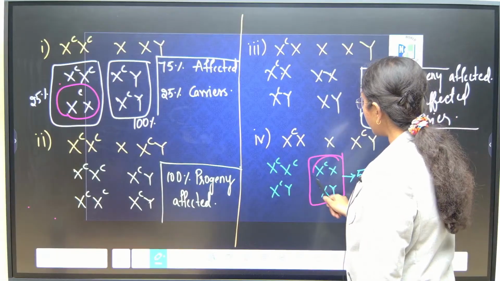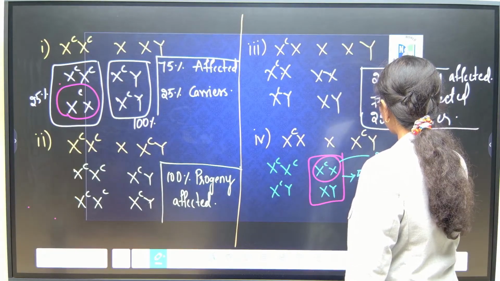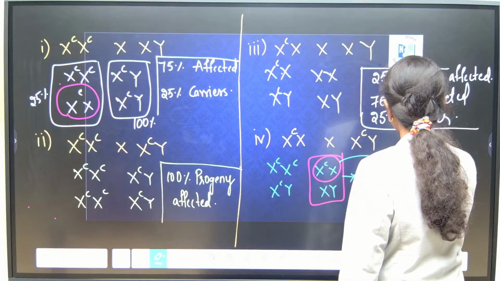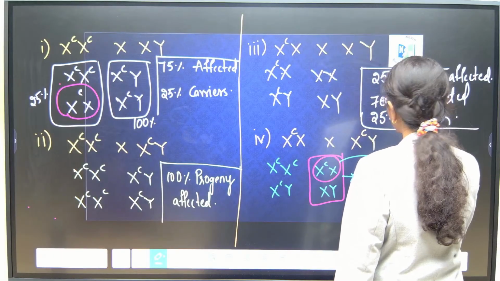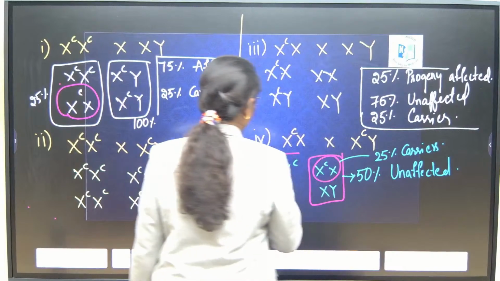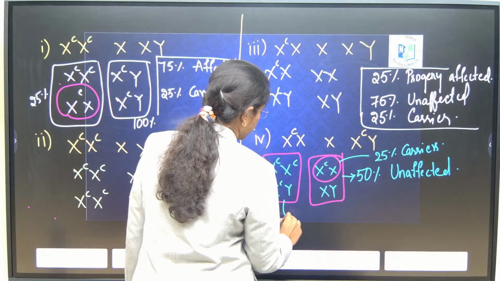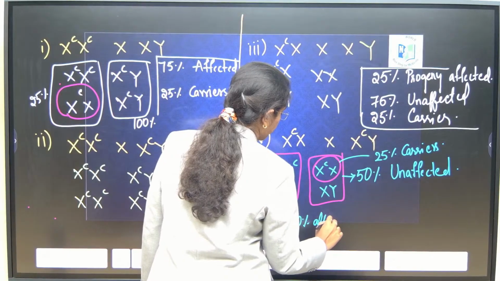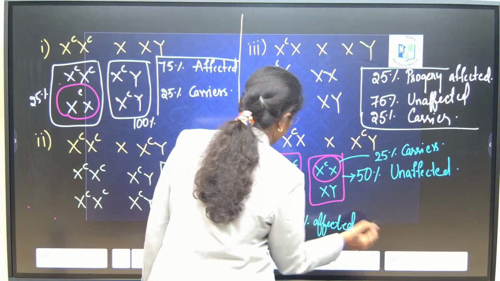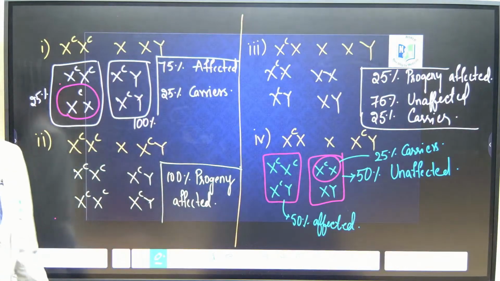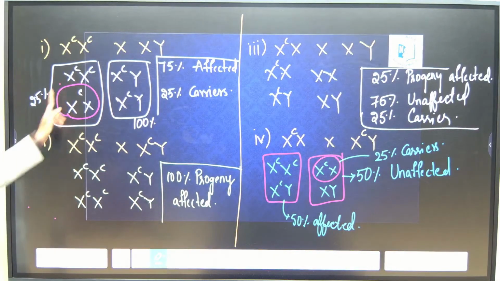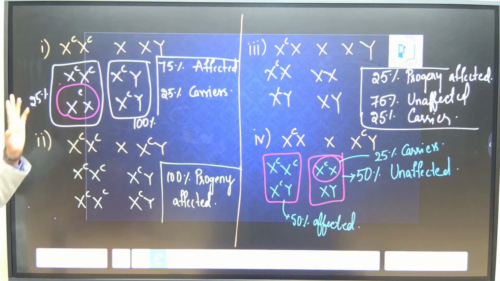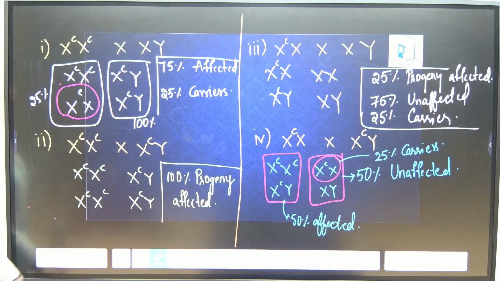How many carriers? 25%. How many affected? Take it down. Just take it as homework: keep 4 headings, identify how many are carriers, unaffected, and affected, in between males and females also.